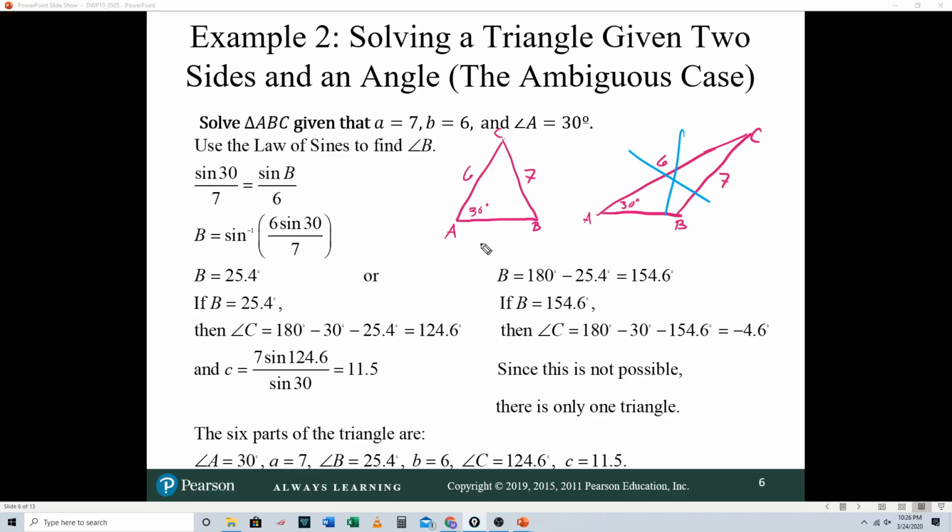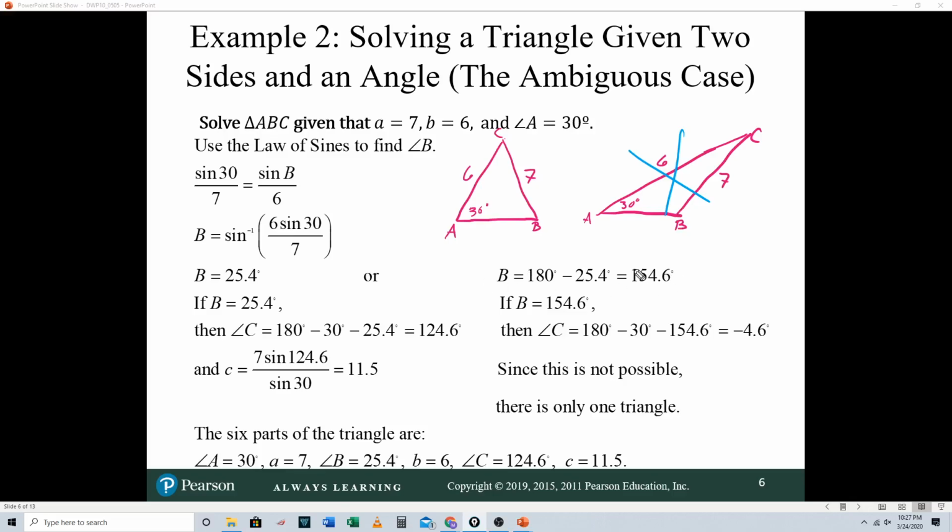Well, if you remember a little bit of geometry, the rule about triangles is that the biggest side is always going to be opposite the bigger angle. Which means that angle A, being 30 degrees, has to be bigger than angle B because it's opposite the bigger side. There's no way angle B can be obtuse.